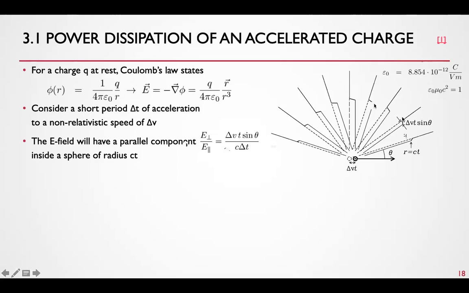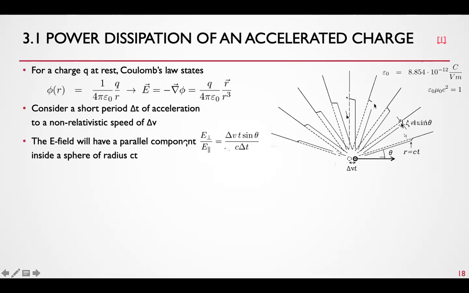You can convince yourself, I hope, just by looking at the picture, that this distance here is delta V, the velocity that we have, times t, so it's proportional to the time that has passed, times the sine of theta. So this is 0 in the direction of acceleration, and it's maximal normal to it.